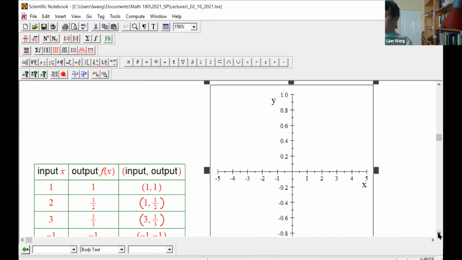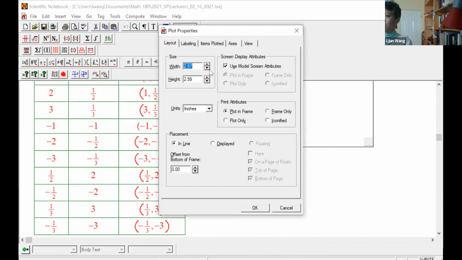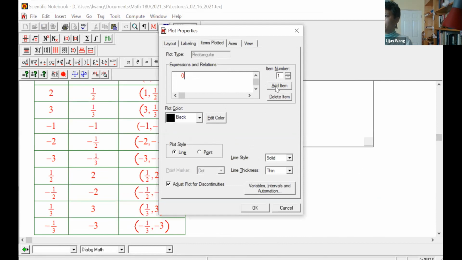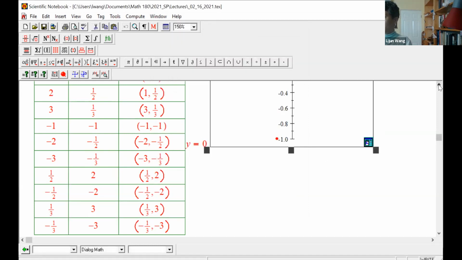I want you guys to plot points. Okay, we're plotting these dots.